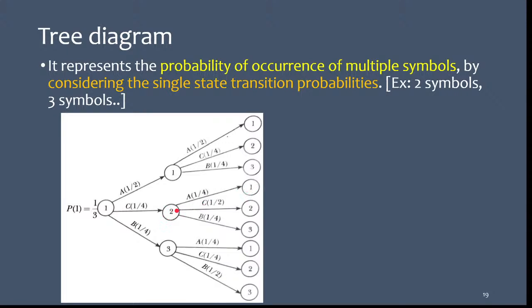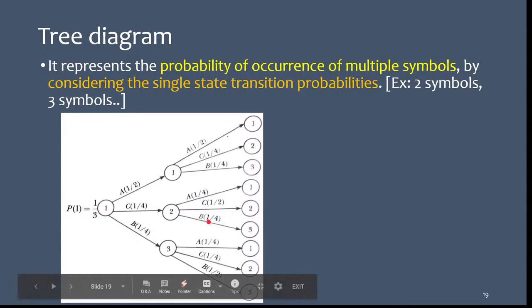From state 2 it can emit symbol C with the probability of 1 by 2 and reach back to 2. Or from state 2 it can emit symbol B with the probability of 1 by 4 and reach state 3. Similarly, from state 3 there are 3 different transitions possible, generating A, C or B and reaching states 1, 2 or 3.